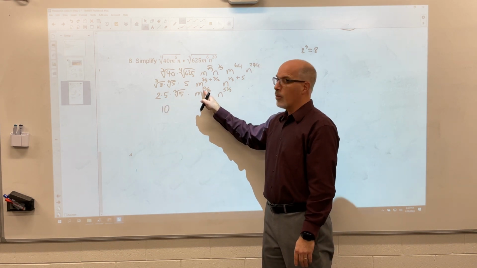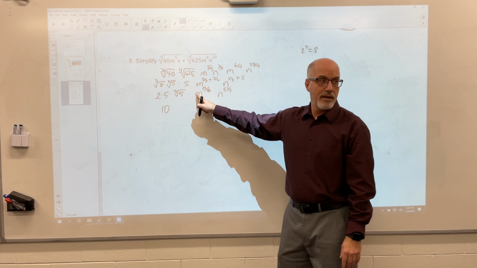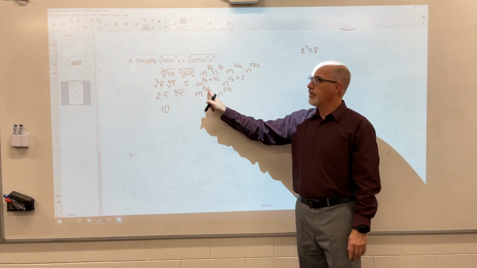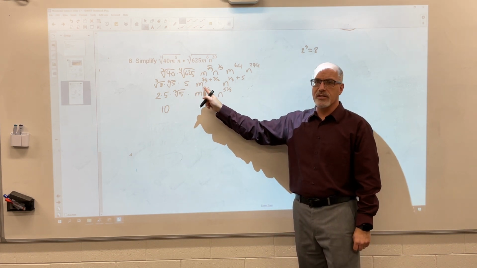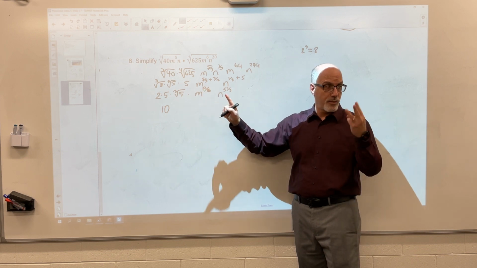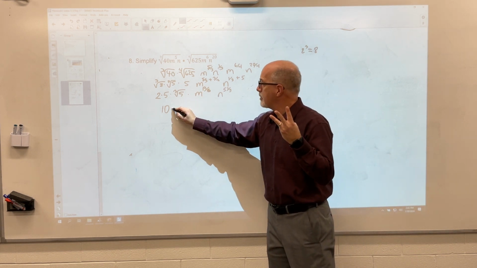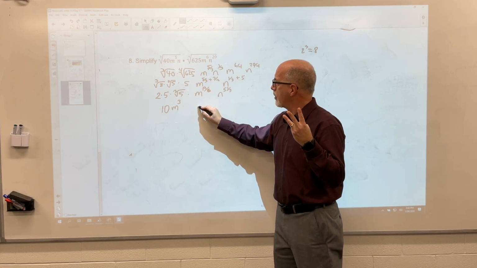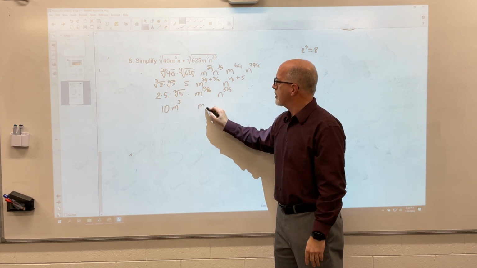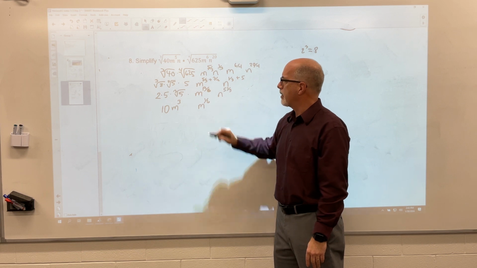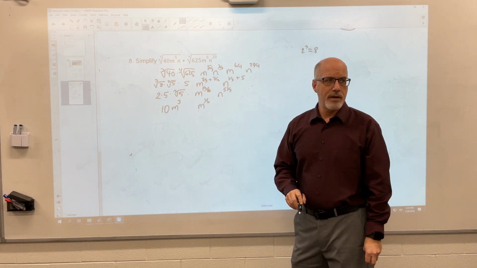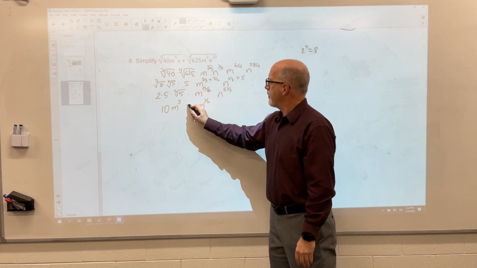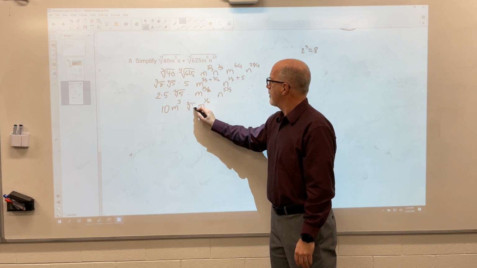Folks, here, what is this as a mixed number? It's 19 over 6. How many times does 6 go into 19? 3 times. So I'm going to have an m to the third that comes out, and I'm going to have left over an m to the 1/6 power. This I still have the cube root of 5 here.